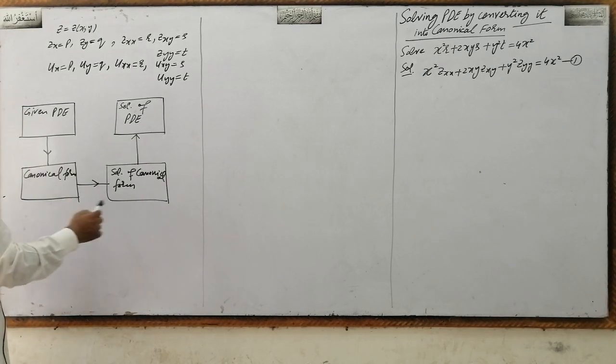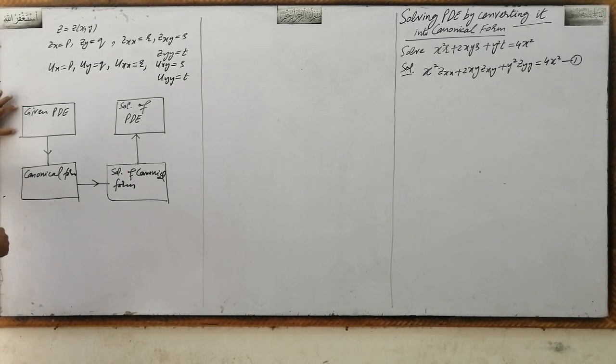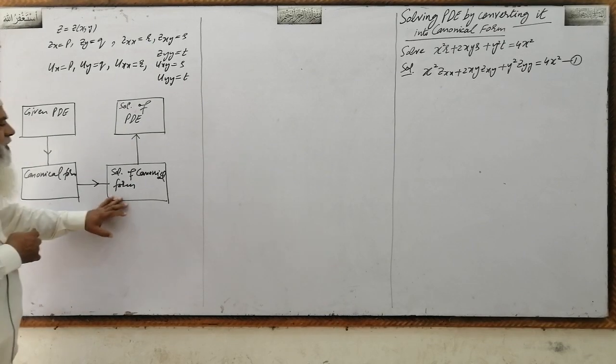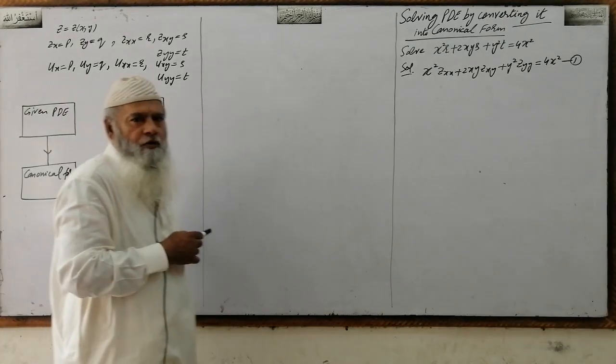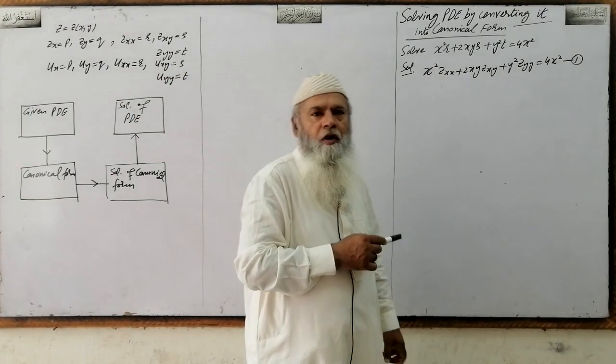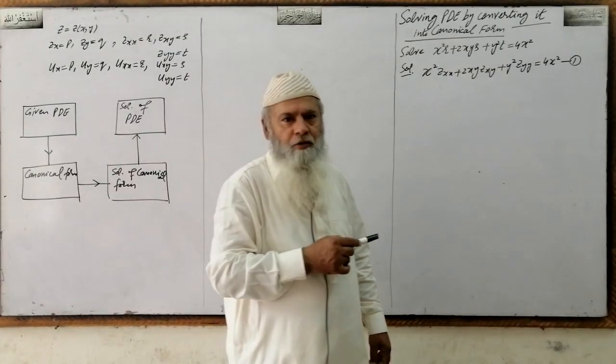We are adopting this way, starting from this box which has the original partial differential equation. We convert it into canonical form, then we solve it, and then we convert backward into the original form of the solution of the differential equation.